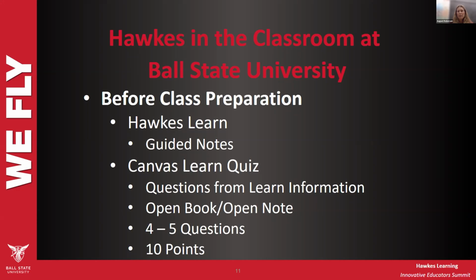All of these together for every section are worth 10% of the student's grade overall. So again, it's a very low stakes assignment, but just reiterating what they should have seen and learned as they went through their material.